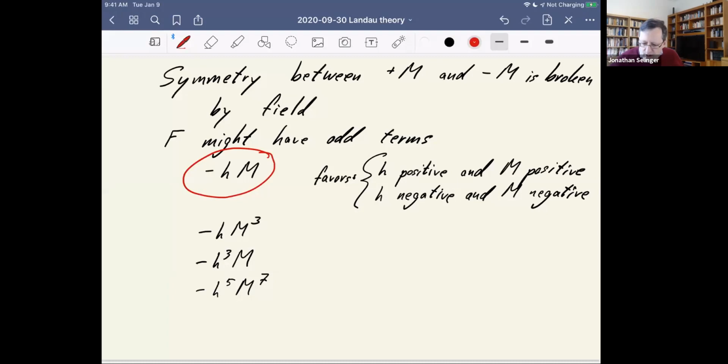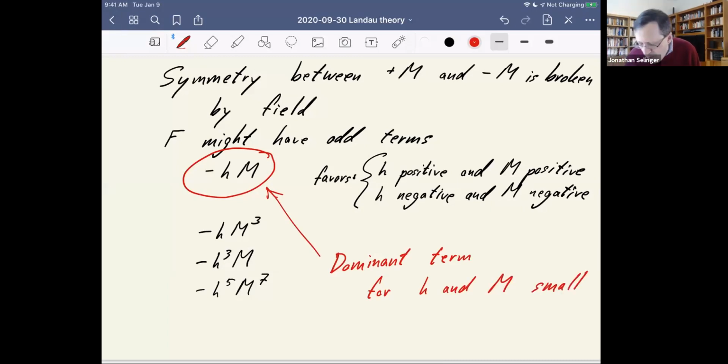So this is the dominant term for H and M small.